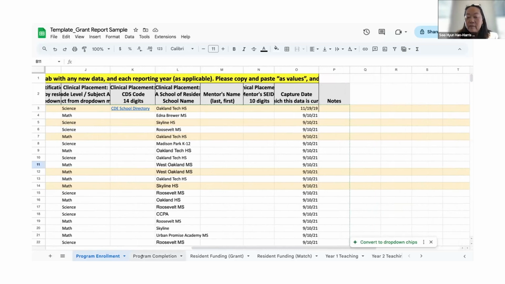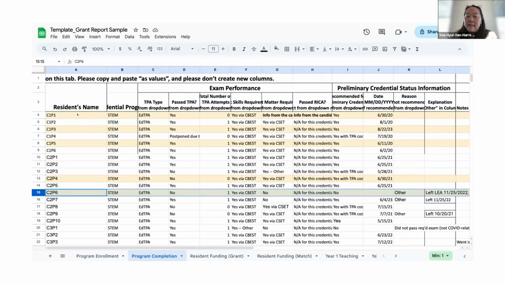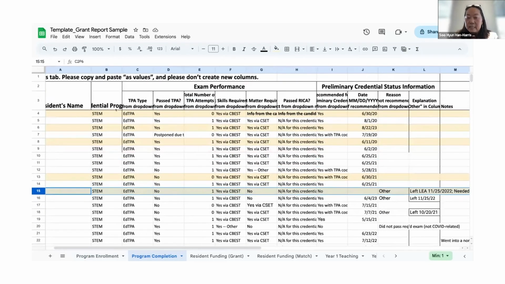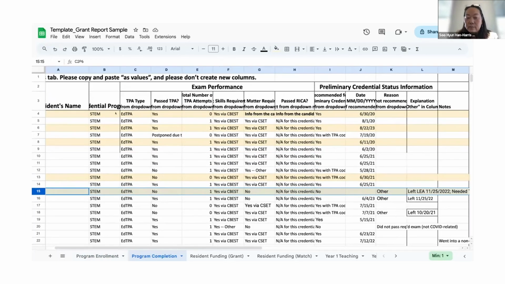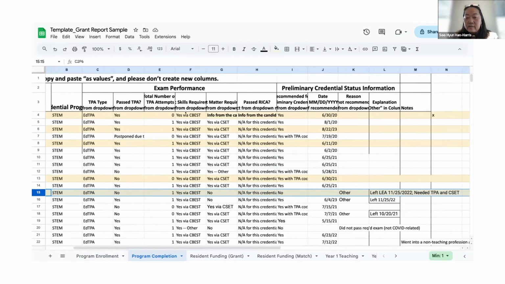So we know, having looked at that tracking sheet, that that person completed. And so here's their basic information again. They passed the TPA. And this information I actually get directly from the person if I'm not getting it from the IHE partner. So I'll reach out to them.